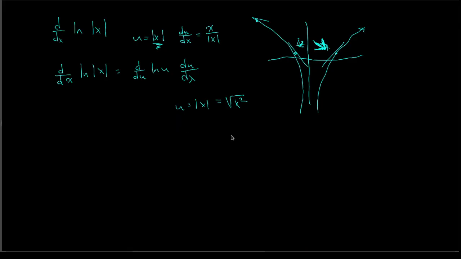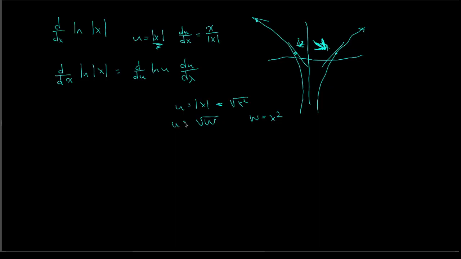I know we did it on the board, but let me just write it all out. I'm going to say that this is equivalent to x squared square rooted. I'm then going to say that u is equal to some form of it where the overall form is the square root of w, and w is equal to x squared.